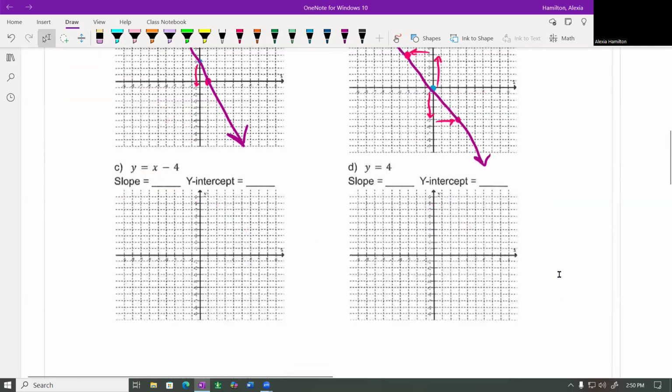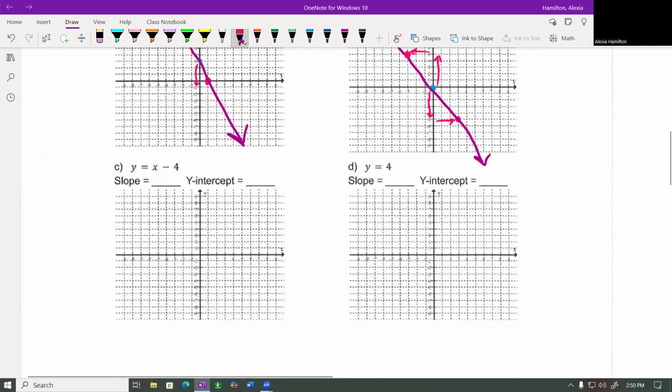All right. Example C, slope, the number with the x. Well, I see an x, but I don't see a number. It's a 1. If I see an x without a number, it's always a 1. And to make it a fraction, we put it over a 1. And we use positive numbers. Y-intercept, the number without the x, is the -4.